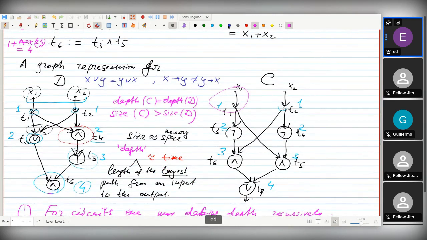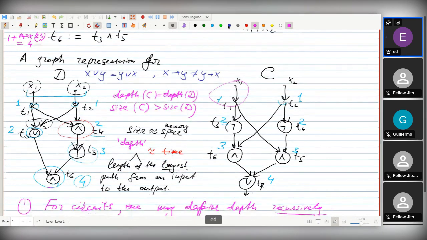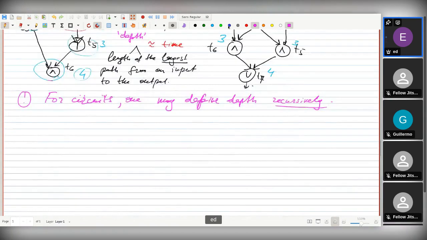Of course, optimizing circuits, finding optimal circuits, is quite a large topic. In general, it is out of the scope of our course. Is it clear? Yes. Okay.